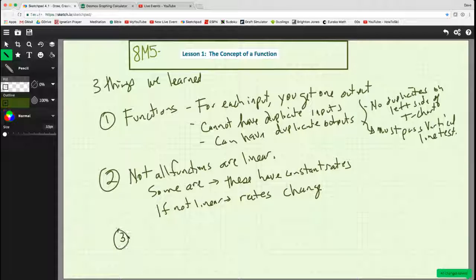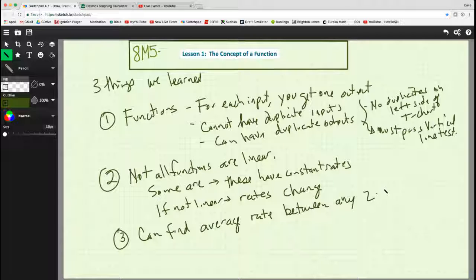And 3, you can find the average rate between any 2 points by using the slope formula.